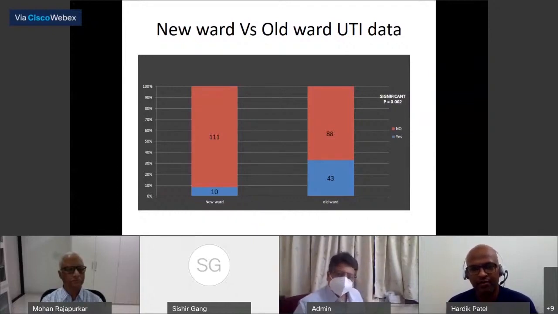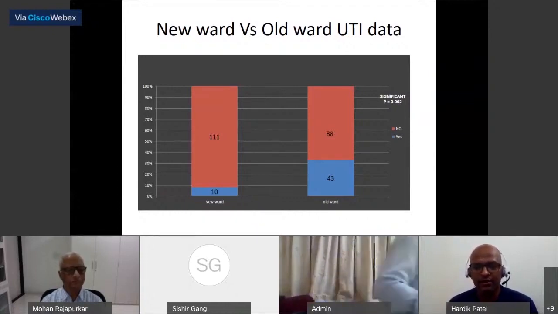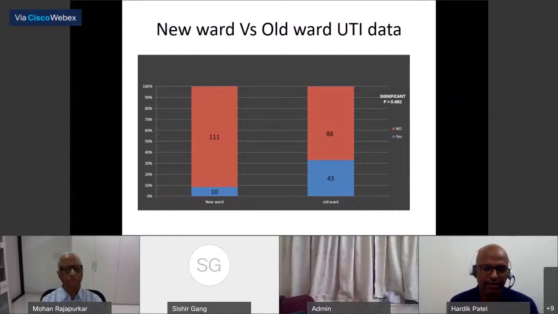Compared to previously, I had 131 patients, out of which 43 had a UTI. And at that time, we even calculated the cost of a single episode, which came to around 1.5 lakhs because of the MDR organisms which were prevalent. So with this strategy, only a separate toilet, separate bathroom, and isolating the patients, the UTI rates are now very much under control.